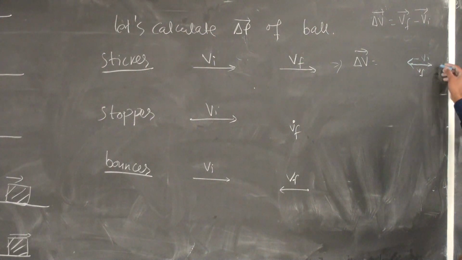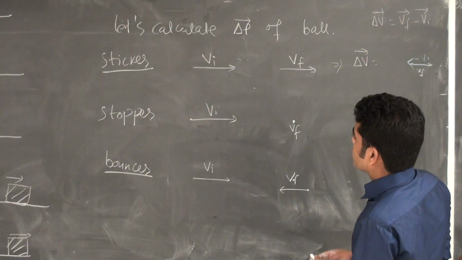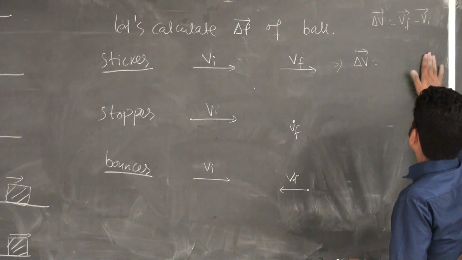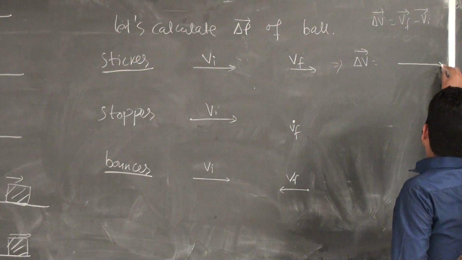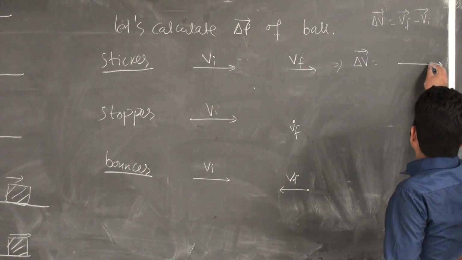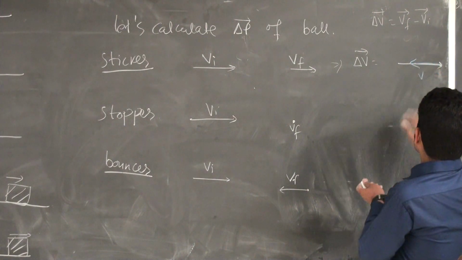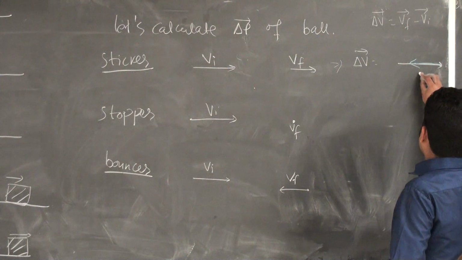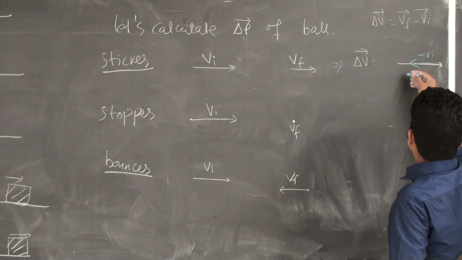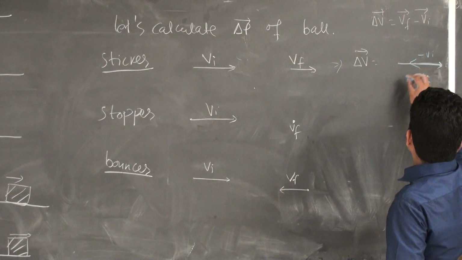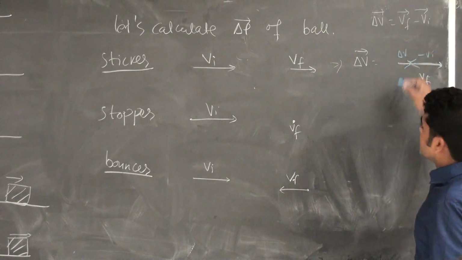The change in velocity is almost 0 in this case, not actually 0, but a little bit. So Vi in this direction, and negative Vi in this direction. This is the change in velocity.